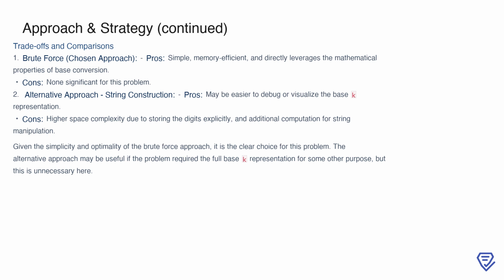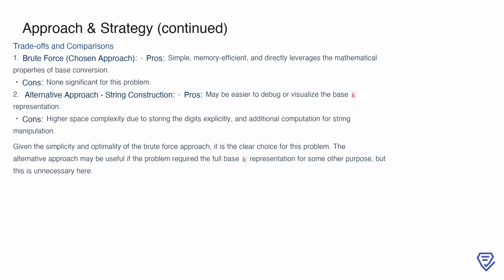On the other hand, an alternative approach, such as constructing the base k representation as a string or list, might have some benefits in terms of debugging or visualizing the digits, but it introduces significant drawbacks. These include higher space complexity from storing the digits explicitly and additional computational overhead for string manipulation. For a problem like this, these trade-offs are unnecessary.